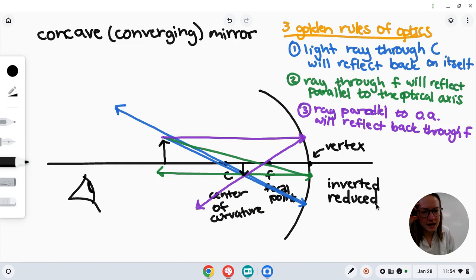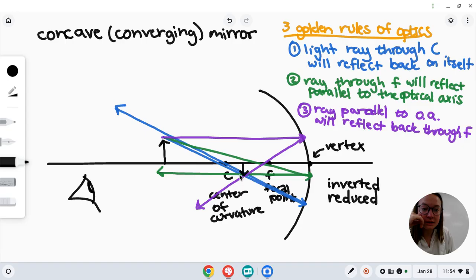Finally, you would say, that image is actually made of real light rays here. Do you see that this light ray actually really did reflect back? And this one actually is a real light ray right here. And all of these are real light rays that are converging at this point. So we would say that what you have here is an image that is inverted, reduced, and real, because it is made of real light rays.